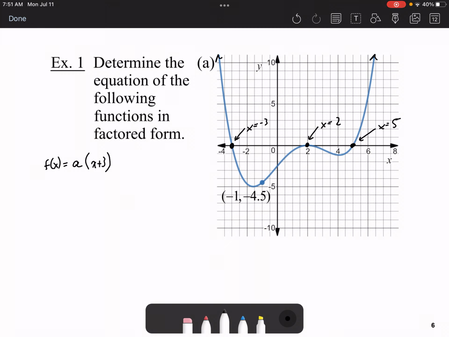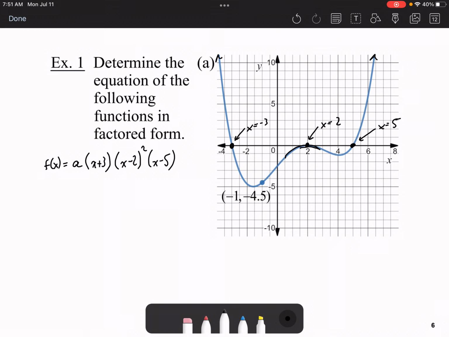The second factor, because the 0 is x equals 2, should be x minus 2, but notice how it has that quadratic-y feel right there. It just bounces off the x-axis. So that means it has an exponent of 2. And my other factor, because my 0 is x equal to 5, should be x minus 5.